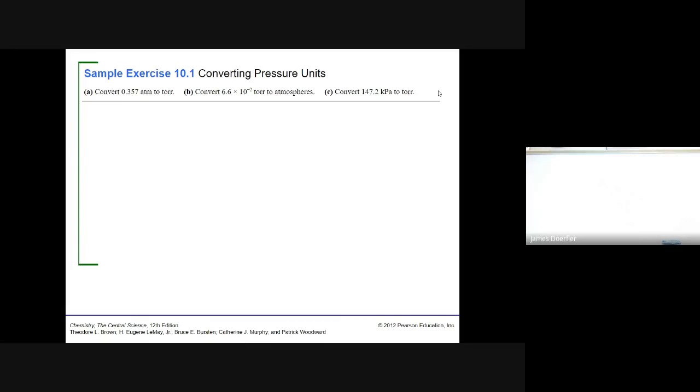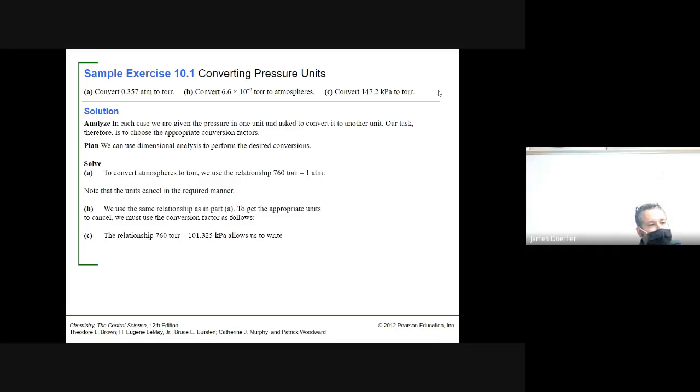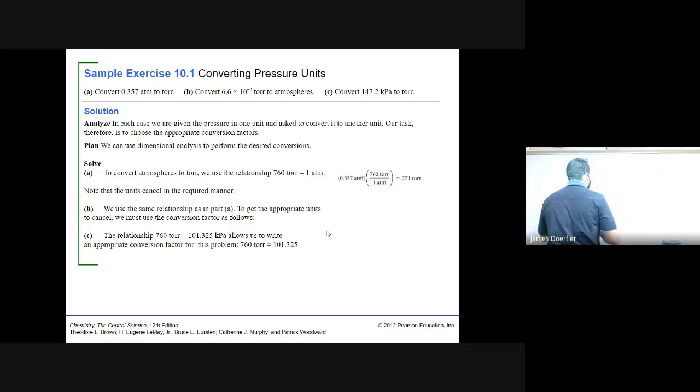So if we have 0.357 torr, maybe I'll get there eventually. Can you even see that back there? Yeah? Okay. If you're watching this at home, follow my mouse, I'm doing this one right here.